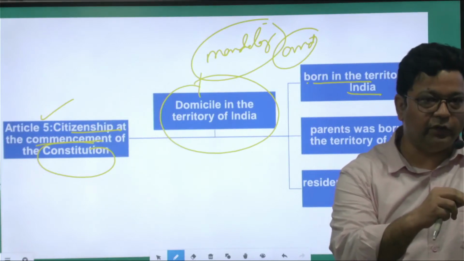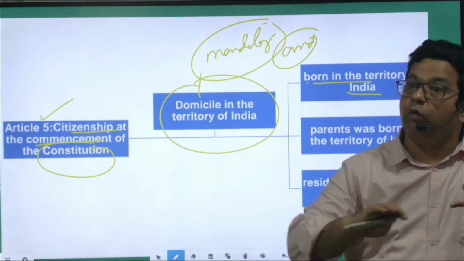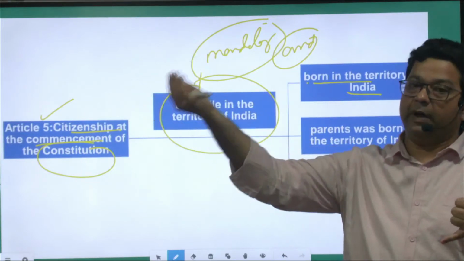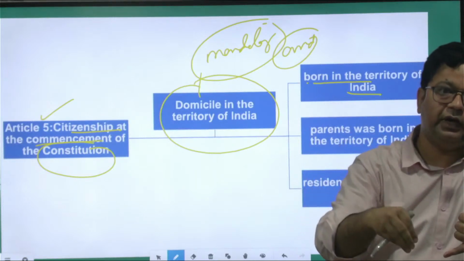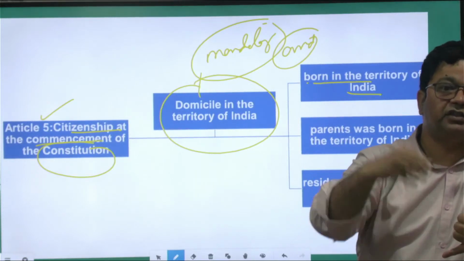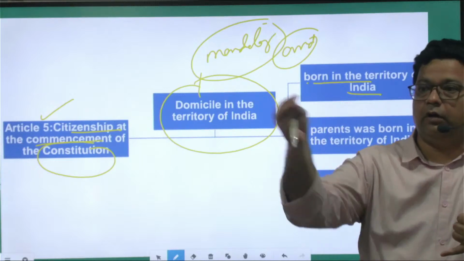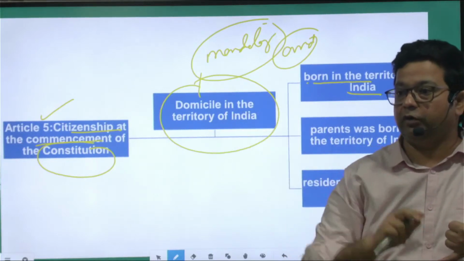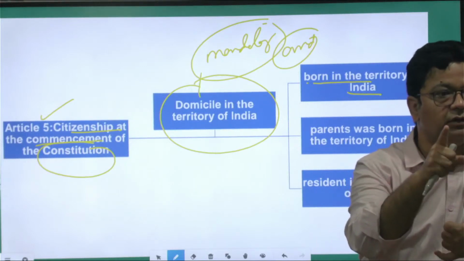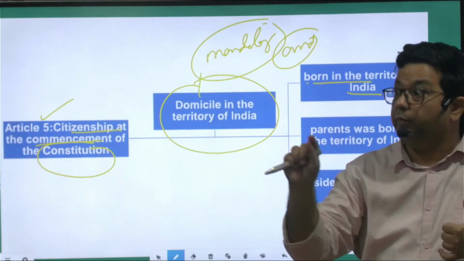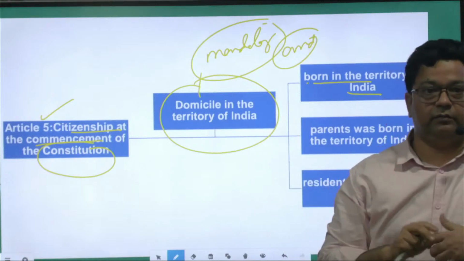Are you getting my point? Yes or no? To whatever national parents the person is born, he has to be born in India and be residing in India, and is granted citizenship at the commencement of the Constitution, irrespective of the parents' nationality or parents' residence.